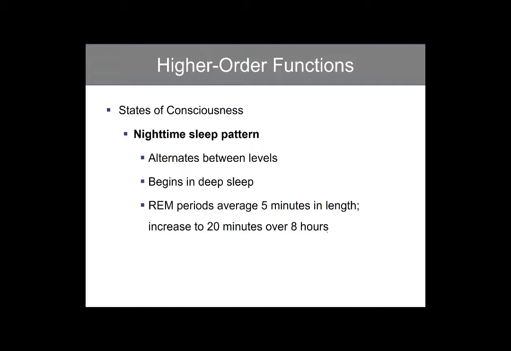In our nighttime sleep pattern, we alternate between various levels. We begin in a deep sleep, and then REM periods average only about 5 minutes in length, and they can increase to 20 minutes over the course of 8 hours, depending on how much sleep an individual gets. So our patterns go in and out from deep sleep into various states of REM where we dream.